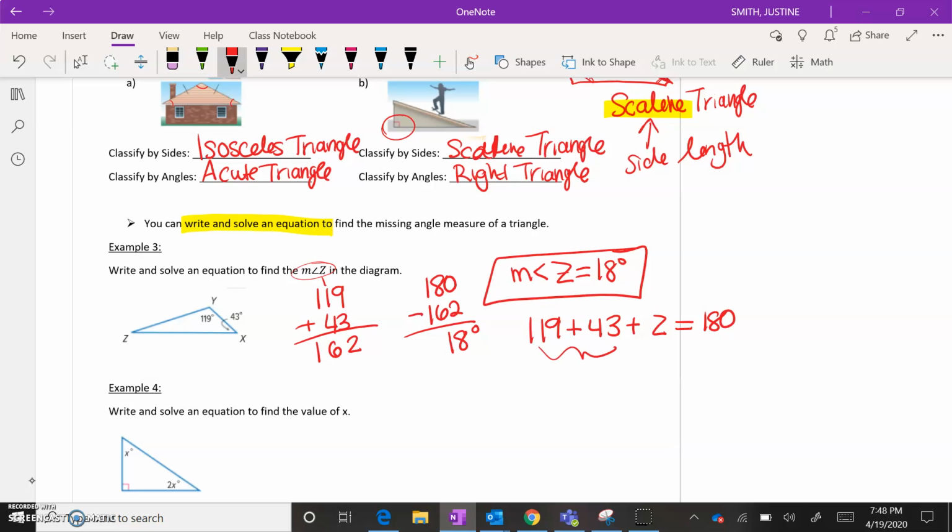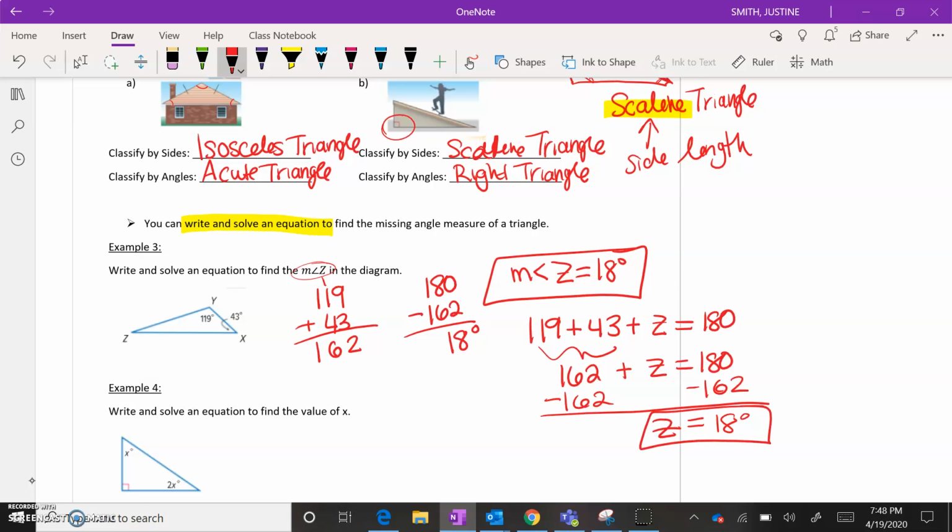So then you would show your steps here. 162 plus Z is equal to 180. And then we would just do the subtraction like we did above. Okay, and I know that a lot of you probably tend to do it this first way, but if they want you to write an equation, this is how you would set up an equation here.